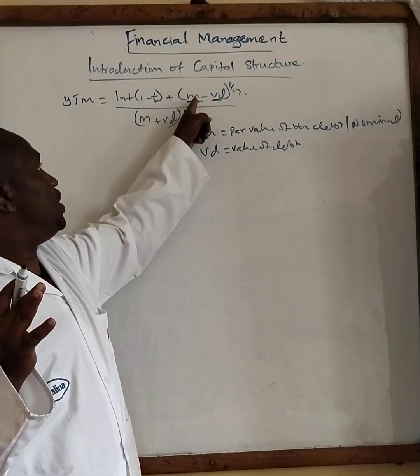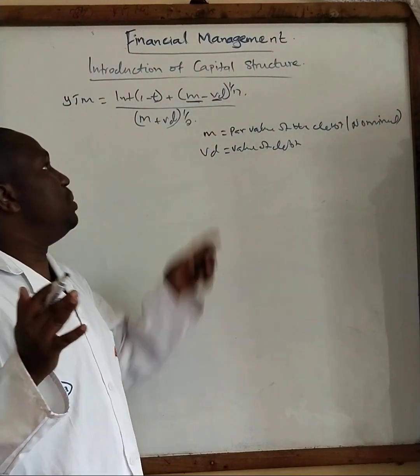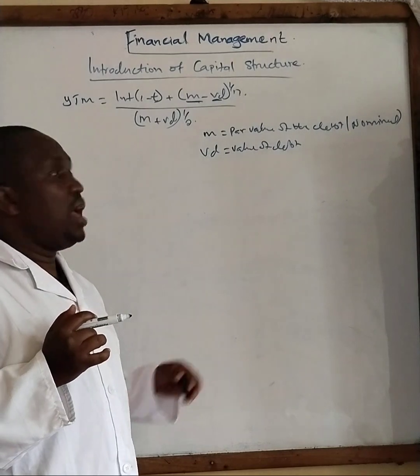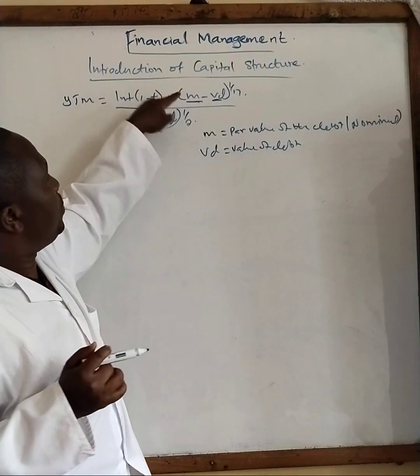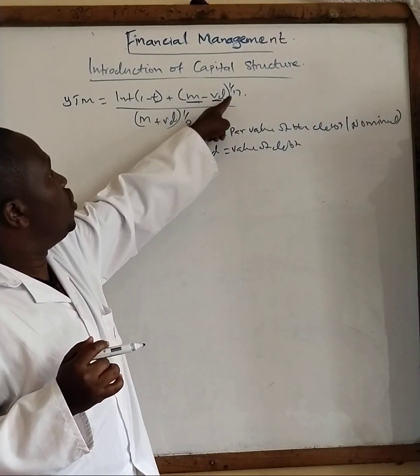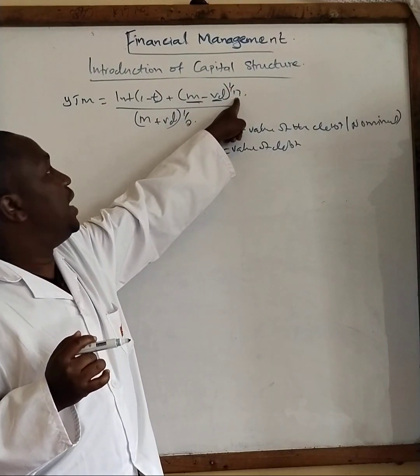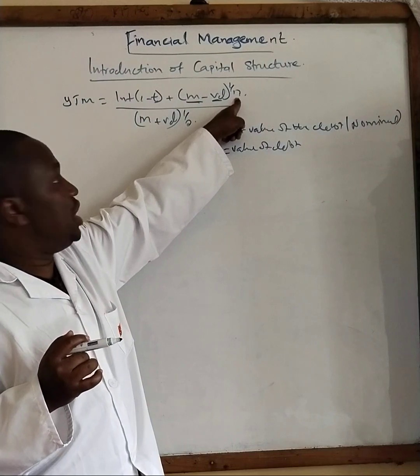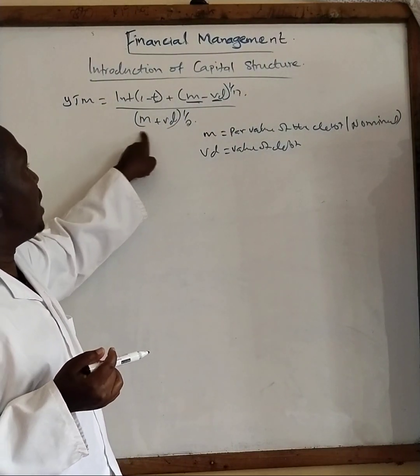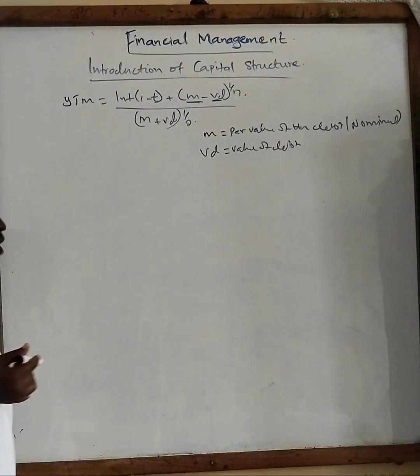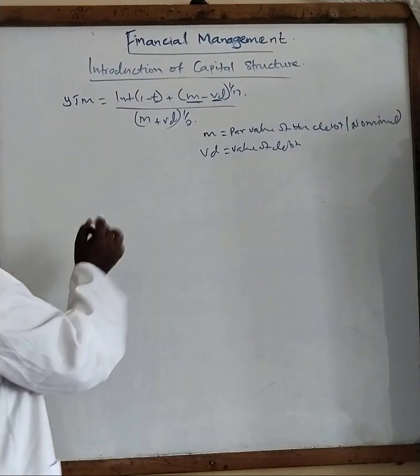If this one is more than this, it means that we have lost. But if this is more than this, means that we have gained. Therefore, once you have subtracted this one, you will multiply by 1 over n. N is the number of years or periods. Then we have 2 here. 2 is a half. So the answer you get here, you multiply by a half. Now, that is example 1.